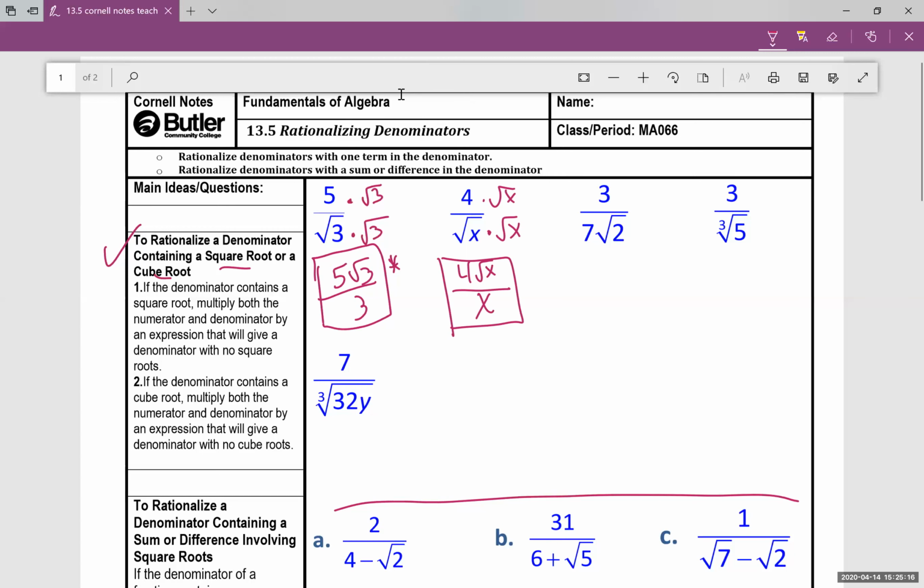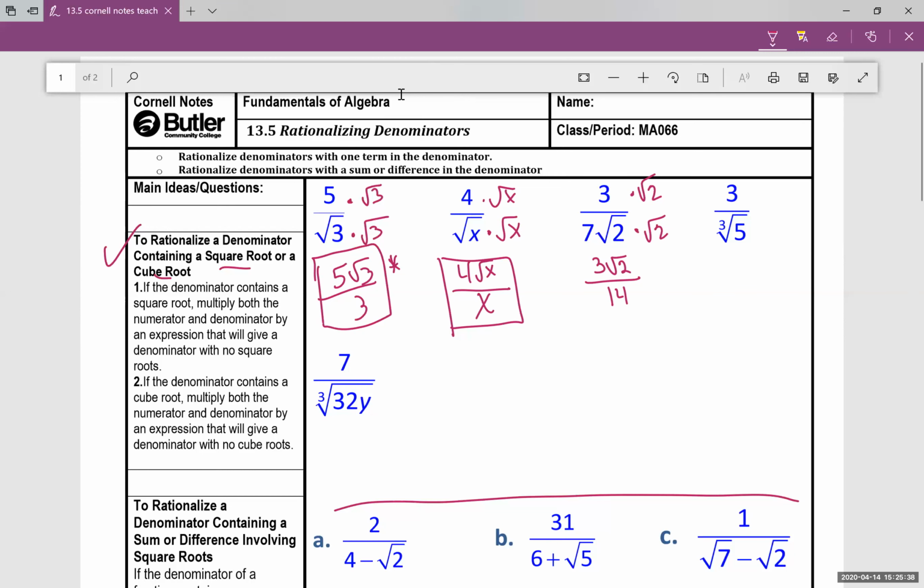All right, let's think about this one. We have 7 square root 2 in the denominator. I'm simply going to multiply by the square root of 2. What I do to the bottom, I have to do to the top. So I have 3 square root 2 on top. The bottom becomes, let me write down the number and see if you can calculate how I got it, 14. How did this become 14?